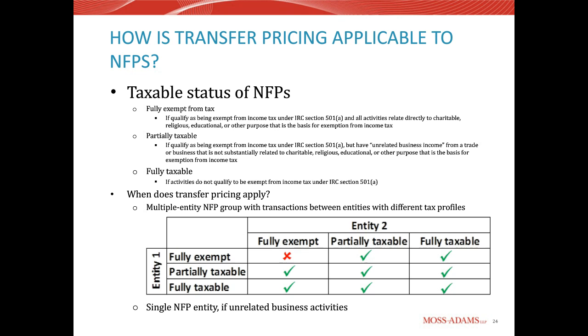So now here we have our next polling question. The question is, what is your organization's tax profile? We have all activities, entities are fully exempt. We have a single entity with UBI. Multiple entities, some exempt and some at least partially taxable. All entities are fully taxable, or none of the above. We'll give you some moments here to answer the polling question.